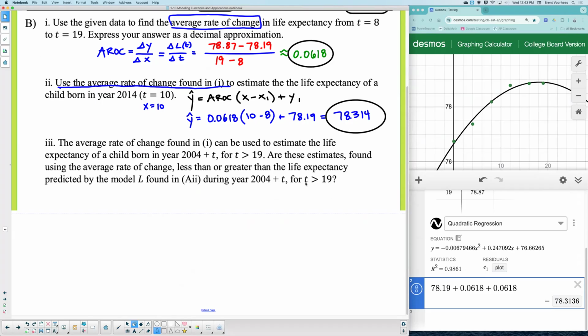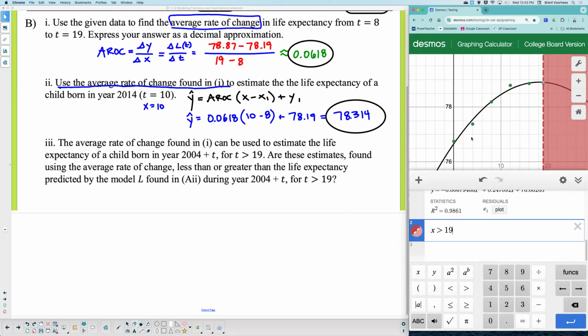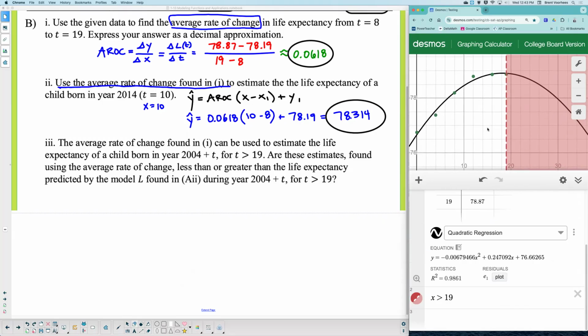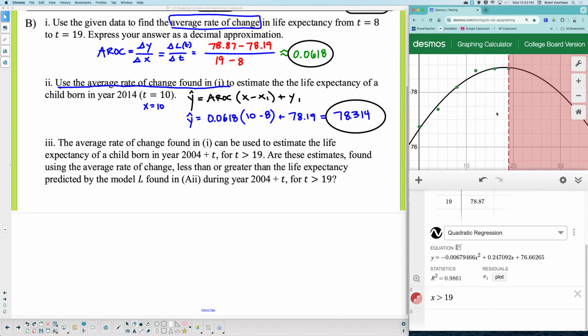Is T an X or a Y? X. So go to your calculator. Type in X is greater than 19. Did y'all type that in? The question is, is our AROC going to overestimate or underestimate compared to this model once X is greater than 19?